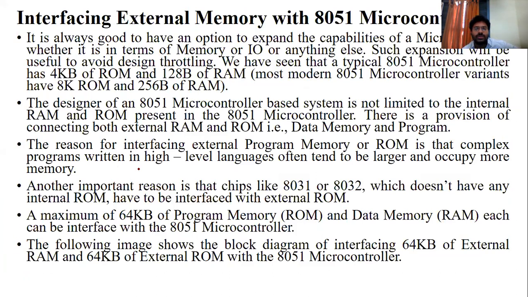Suppose the data is 4 KB of ROM; 128 bytes of RAM is not sufficient to perform all the microcontroller operations. We are discussing the microcontroller. At that time you are going to add external memory.